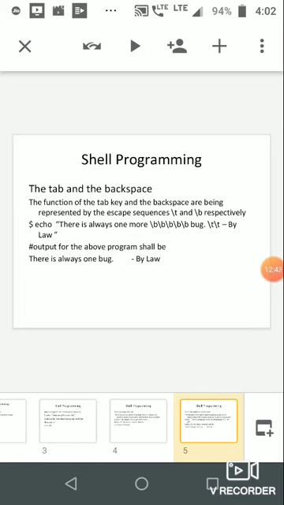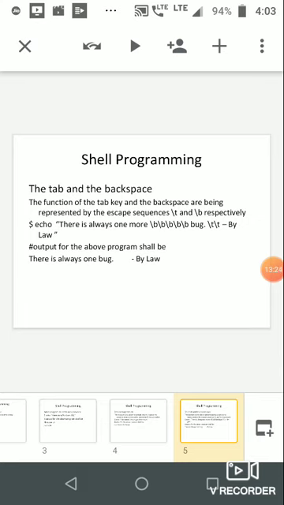There is always one bug full stop, then much space is there, then it is written by law. So here actually why is this not showing, you can notice that it is not showing the word more. Why? Because of the backslash character \b, it is functioning as the backspace. That's why, actually, if you count, there are 5 backspaces.